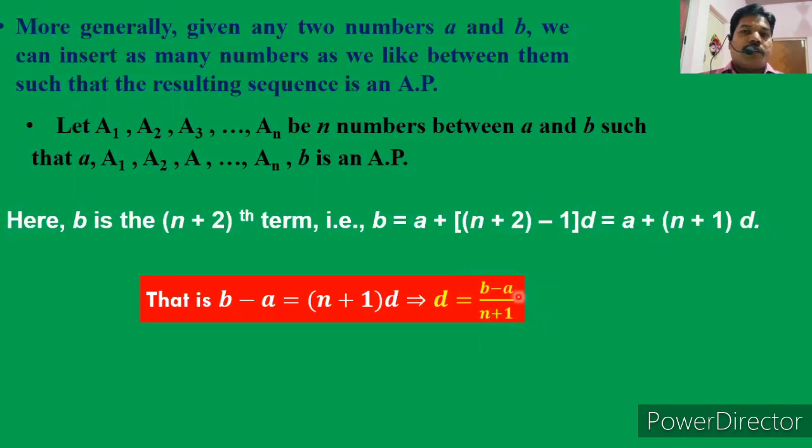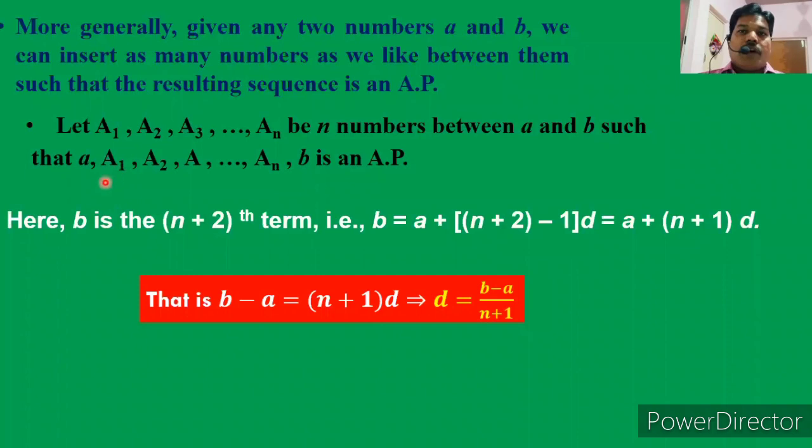So observe that, students, once again I have taken the two numbers a and b. In between a and b I have inserted n arithmetic means. Why? Because if you insert them between these two numbers, the resulting sequence is an AP, meaning these n numbers are arithmetic means.